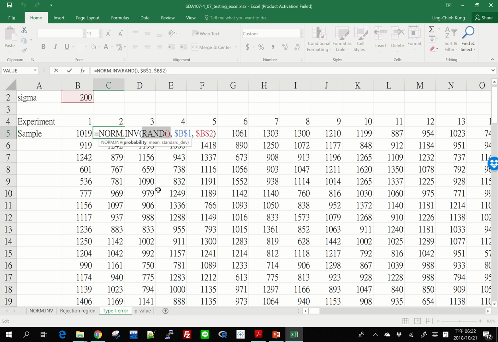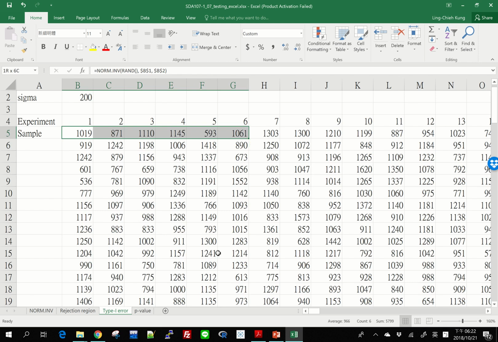For example, here I get 871 because for this rand I get a small number, maybe just 0.2 or 0.3 or 0.1, so I get a number below 1000. Here I get 1110 because I get a random left tail probability that is 60% or 70% or something. With this, we generate a lot of values that are actually normal.